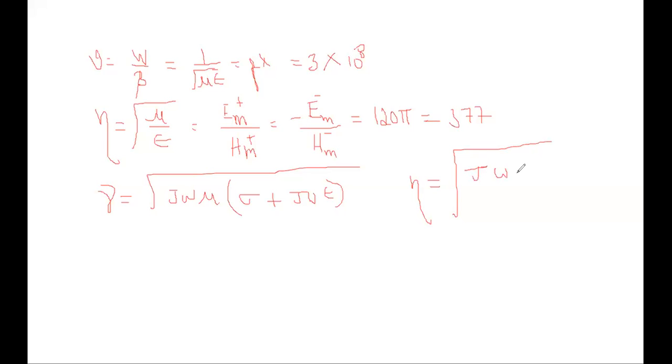In the previous class, we made the mistake in this intrinsic impedance. Actually, the right intrinsic impedance is the square root of j omega mu by sigma plus j omega epsilon, the ratio between these two terms.